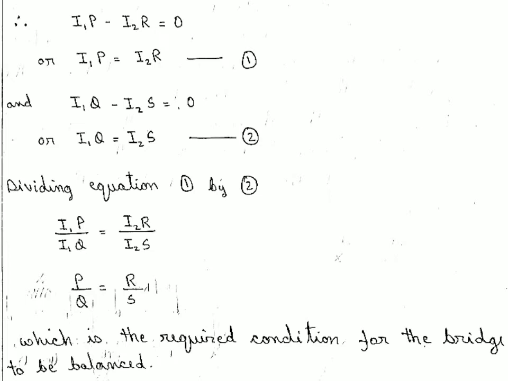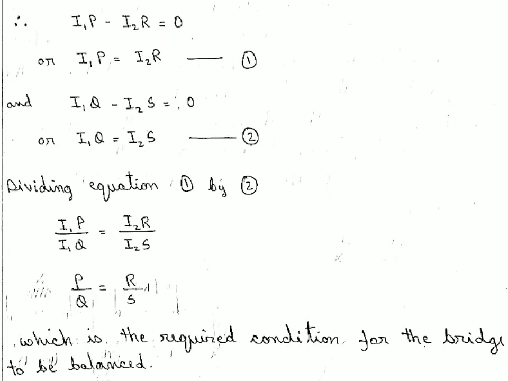Then again in the other equation, putting Ig equal to 0, we'll get I1Q minus I2S equal to 0. Again, putting this minus I2S to the right hand side, we'll get I1Q is equal to I2S. So we have two equations, 1 and 2, under the balance condition.